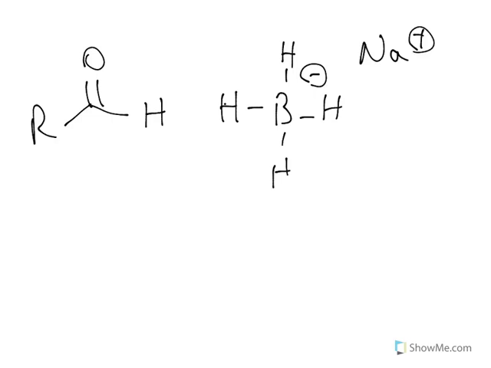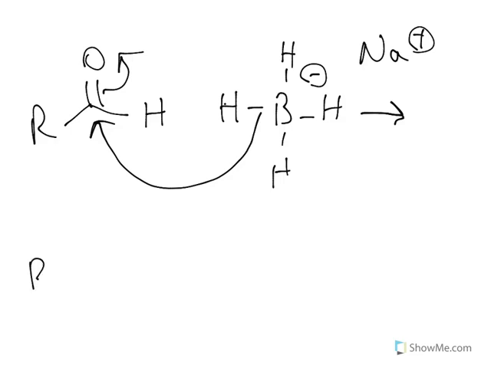All right, so what we're going to see now is the attack of the BH4. And so what we're going to have is the electrons between the hydrogen and boron bond are going to donate into the carbonyl carbon. All right, so we typically see this delta plus at the carbonyl carbon, and then the electrons move up onto the oxygen.